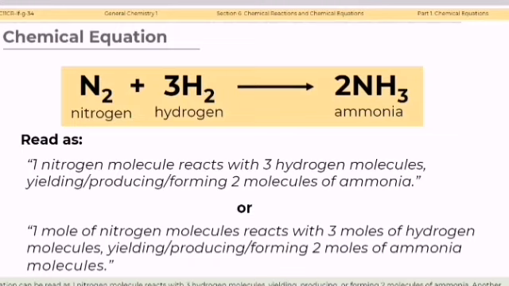Another way is by expressing quantities in moles, such as 1 mole of nitrogen molecule reacts with 3 moles of hydrogen molecules, yielding, producing, or forming 2 moles of ammonia molecules. For simplicity, when using the unit mole, the word molecules, as well as atoms, ions, or particles, is no longer mentioned.